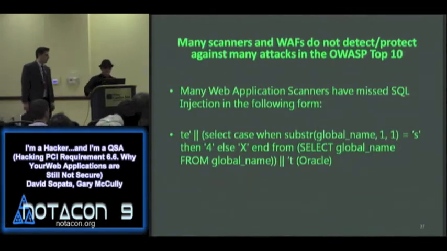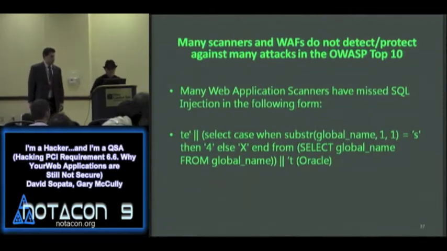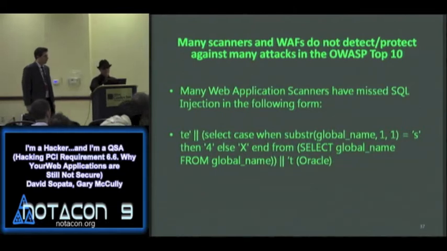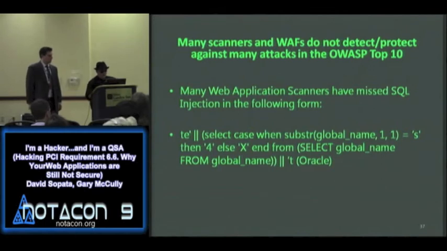Well, in this case, what I did was I used a form of string concatenation, and I said to go ahead and select the first character in the global name stored procedure in Oracle. Then I iterated through the S right here.